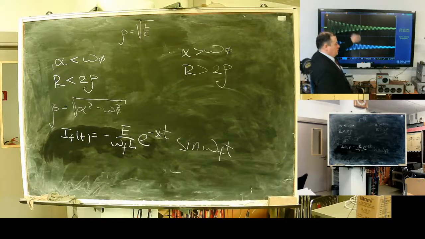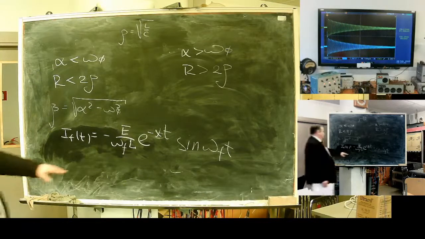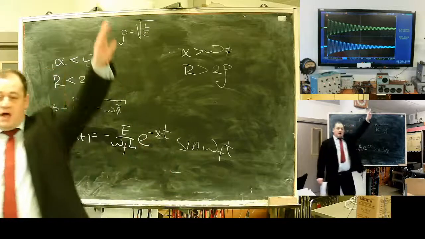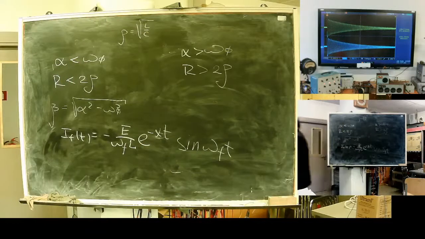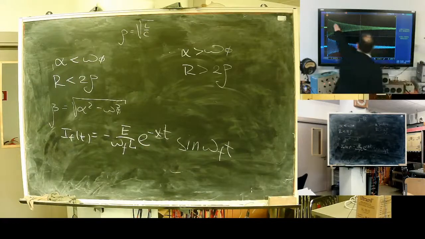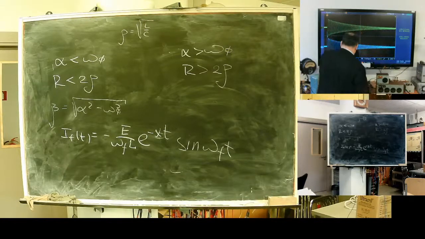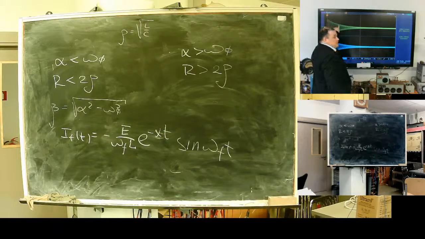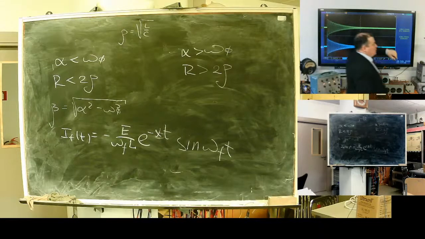Alpha, this term describes decaying exponent. Here it is. I can switch the time scale. If we connect all these dots, we'll see decaying exponent.